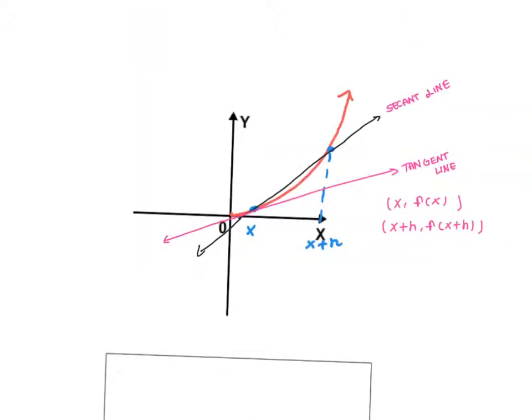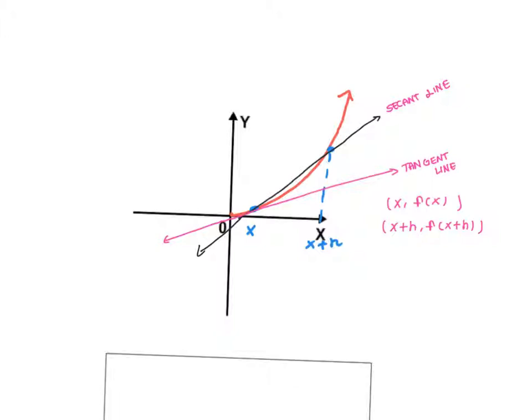So, my task here is to find the instantaneous rate of change at x. X is some time on my curve, if it's a distance time curve. The problem is I don't know how to use calculus to find the slope of the tangent line of that curve. So what I'm going to do is find the slope of the secant line that has 2 points that I can just use algebra to find the slope of. If I find the limit as h approaches 0, what I'm doing is saying, okay, let me draw a secant line.